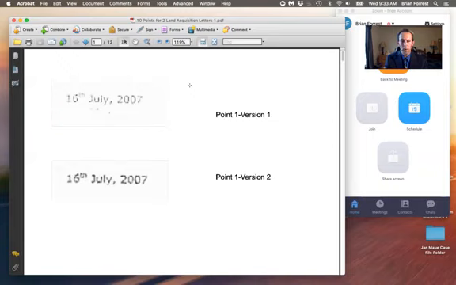Point number 1, version 1, was dated 16 July 2007 and was presented to the STD on July 15, 2010, EX 52.